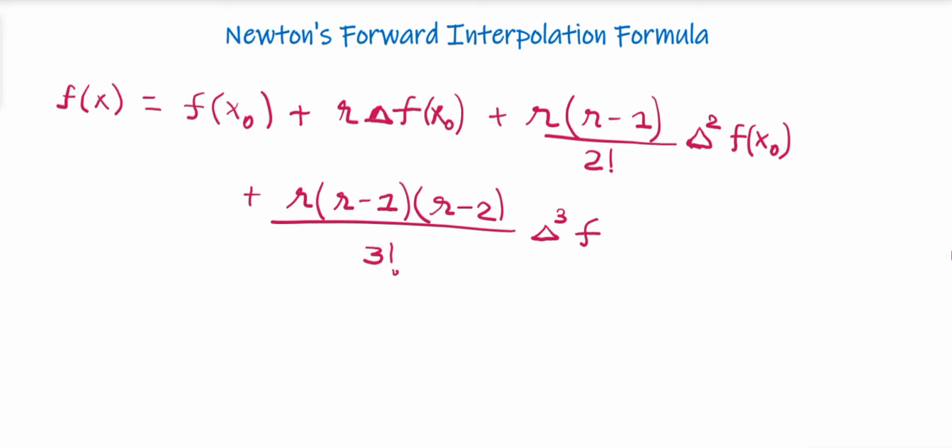Same way the next term will be r into r minus 1 into r minus 2 into r minus 3 divided by 4 factorial into delta raised to 4 f of x naught.